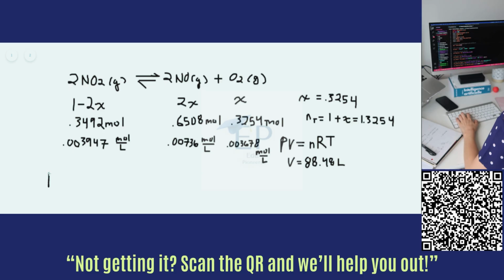Okay, now we have concentrations of each of the gases. We can plug them into the equation for the equilibrium constant. This is the concentration of NO squared, concentration of O2, divided by concentration of NO2 squared.